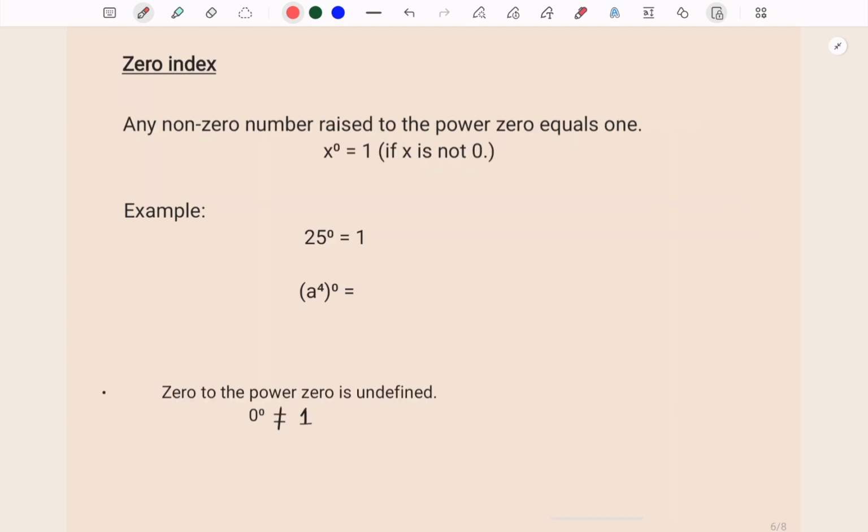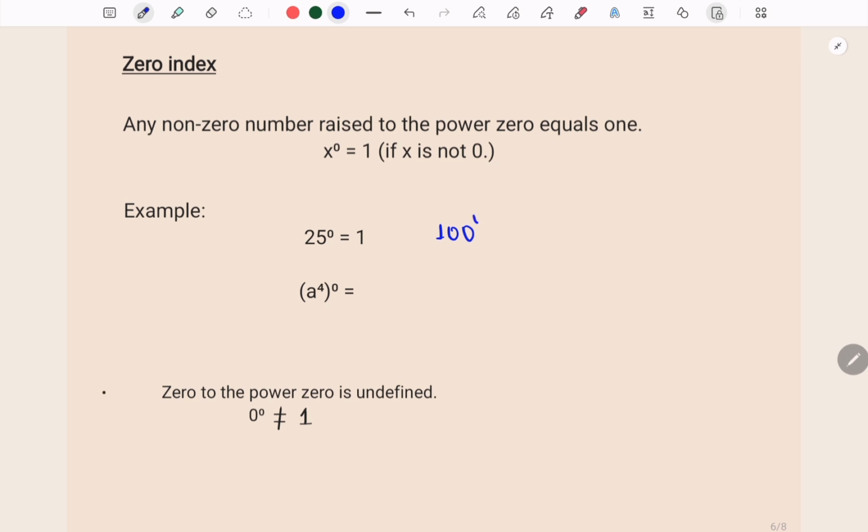Now let's talk about zero indices. Any non-zero number raised to the power 0 is equal to 1. So any number that you might think of, like 25, 25 raised to the power 0 is 1. You may say, what about 100?